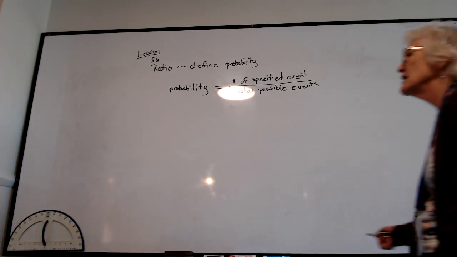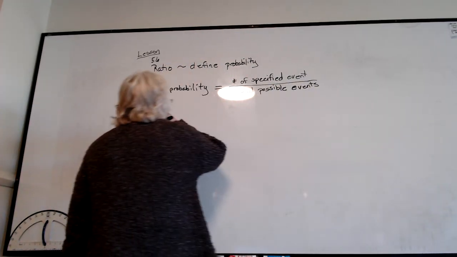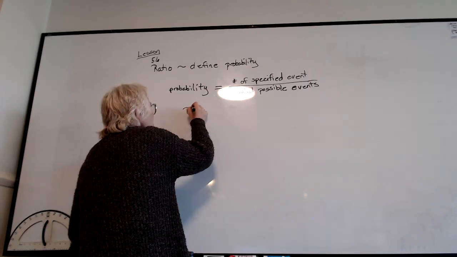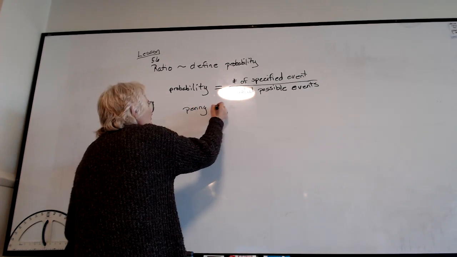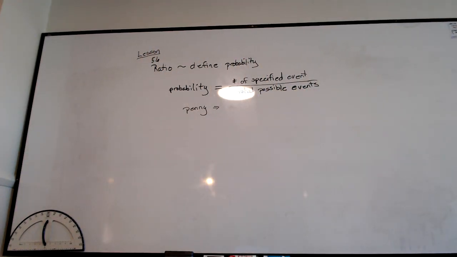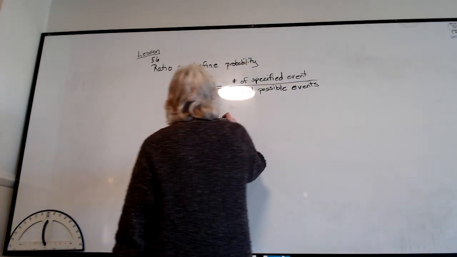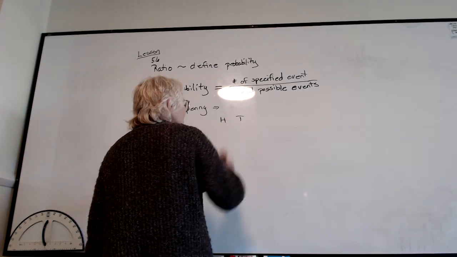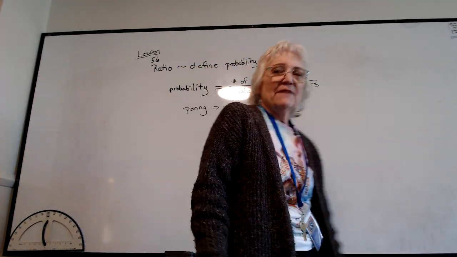Let's just think of a penny. If I flip a penny, what are the total possible outcomes? Heads or tails, there's only 2 choices. Or it lands in the very center, which is very unusual.